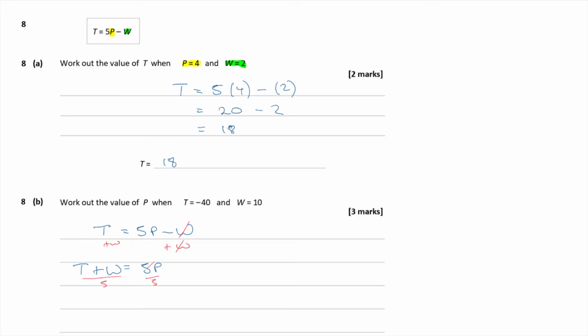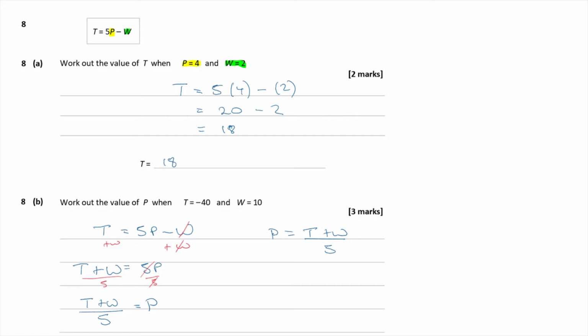That will cancel there, look, leaving me P by itself. So P will be equal to T plus W over 5, like that. So that's my formula for P in terms of T and W. Let me just swing that around and write P at the front. So P is equal to T plus W over 5.